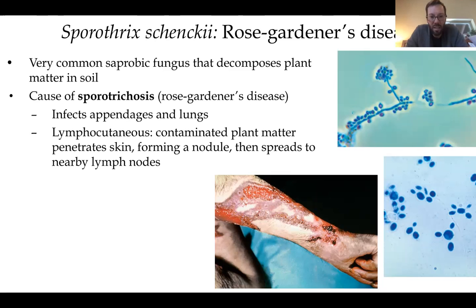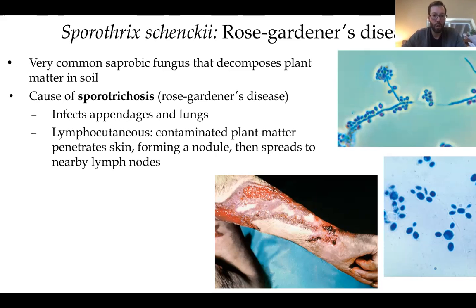And this Rose Gardner's disease, or sporotrichosis, is going to leave a really terrible looking, very unpleasant to experience rash on your skin. It is usually found on the arms and legs, your limbs, but can also go into the lungs.